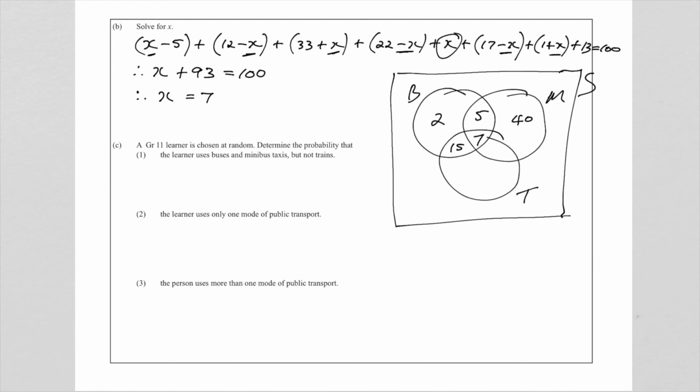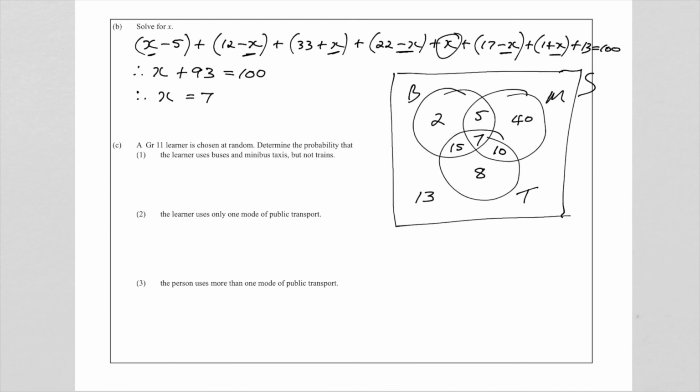This part was 17 minus x, and x is 7, so this part is 10. And then the last one is the 1 plus x, so which is 8. And you'll remember it was given to us that we have 13 outside.